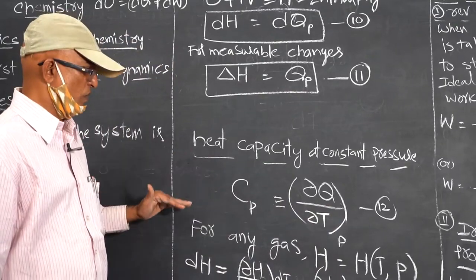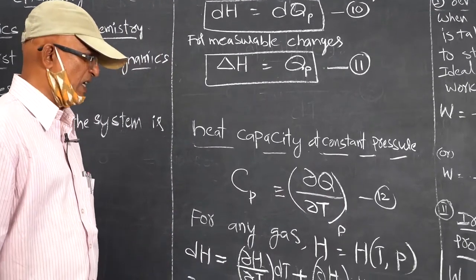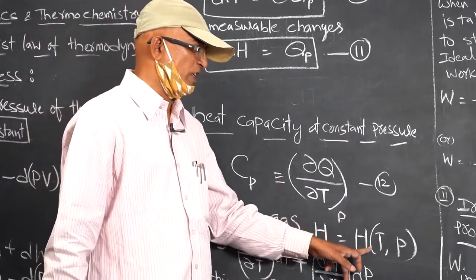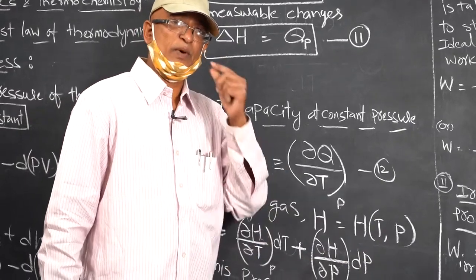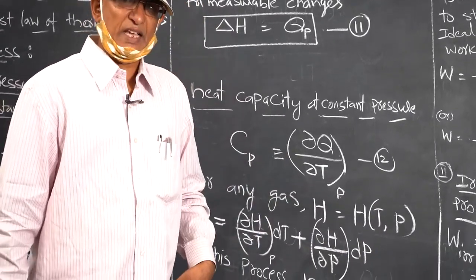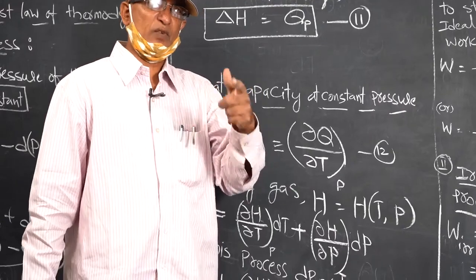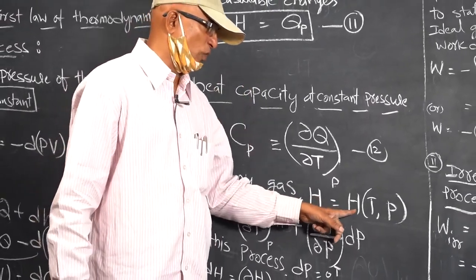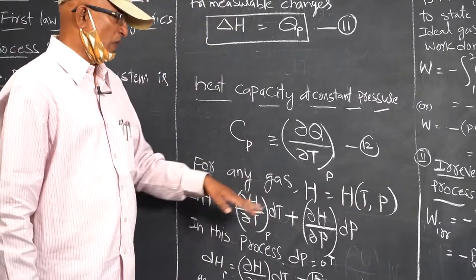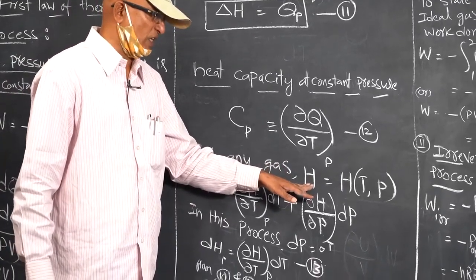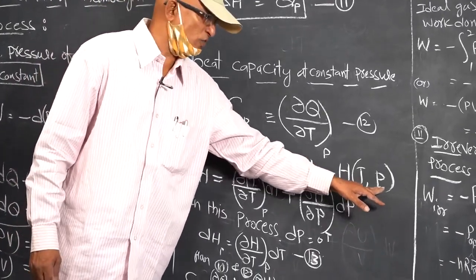For any gas, if you remember, internal energy depends both on temperature and volume, whereas enthalpy of any gas depends both on temperature and pressure. Therefore, enthalpy of a gas will change either due to temperature changes or due to pressure changes.